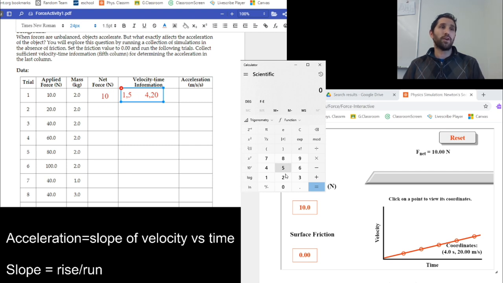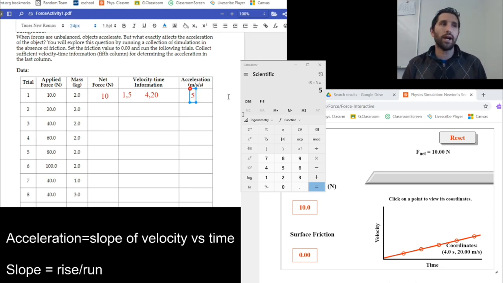So 20 minus 5 gives me 15. That's the top of my fraction, the rise. And then the run is 4 minus 1, so that's 3. So rise is 15 divided by run, which is 3, gives me an acceleration of 5. I'm going to put that here. That's the slope of the line.